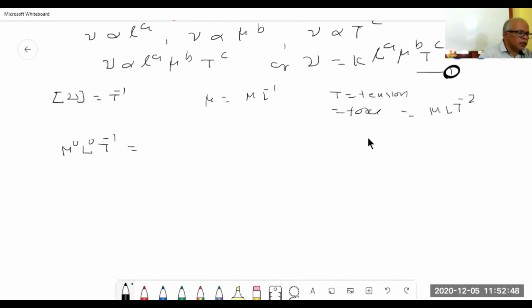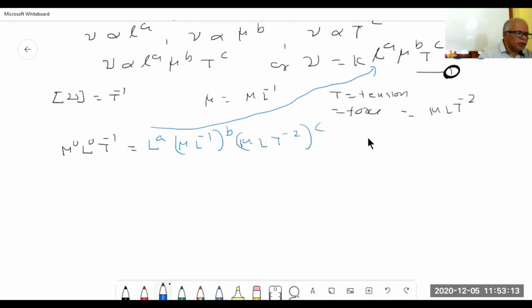Here we are putting these values in this equation: L raised to A, mu is m L minus 1 raised to B, and tension T, m L T minus 2 raised to C.